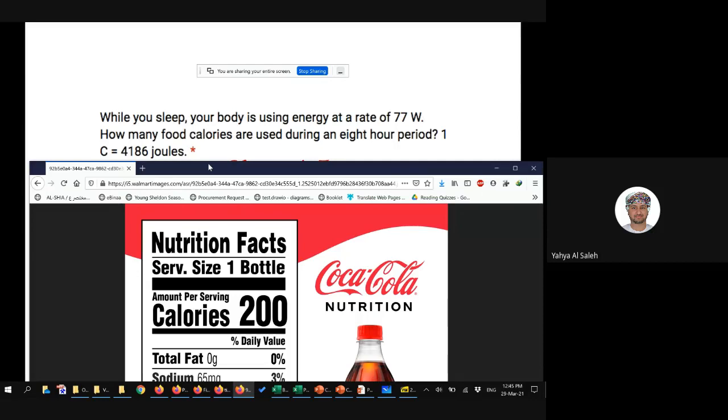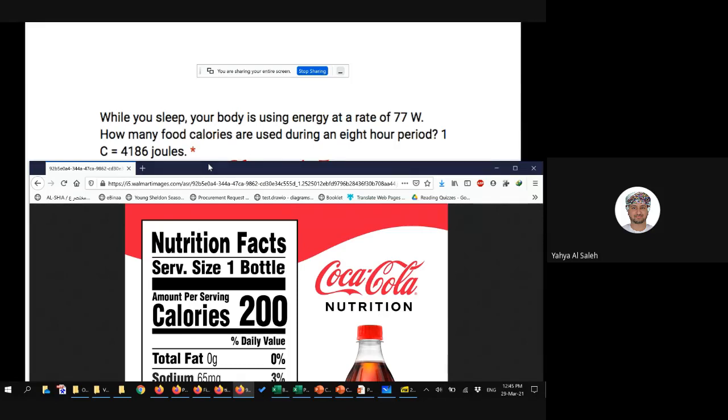Turns out there is a bit of cheating going on. They have written here 200 calories. In reality, this is not 200 calories. This is 200 kilocalories. So it's not 200 calories, it's 200,000 calories. Scientifically speaking, this is not 200 calories where each calorie is 4186 joules.